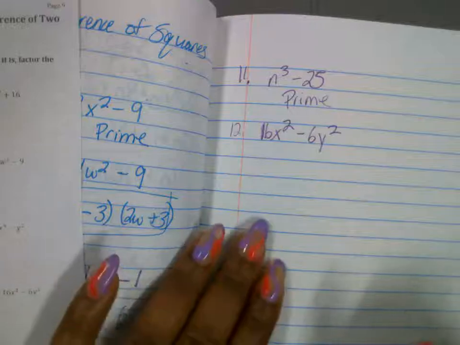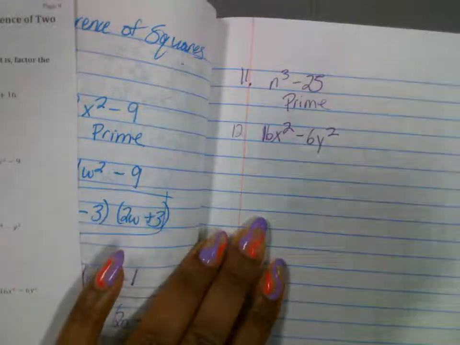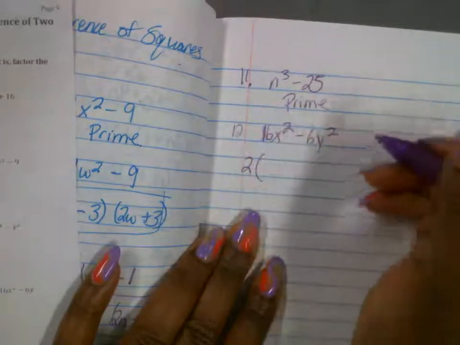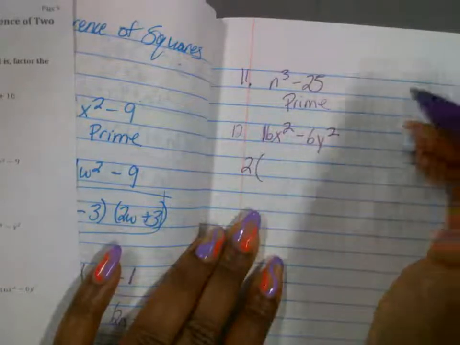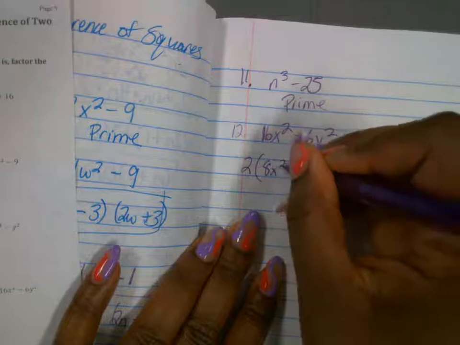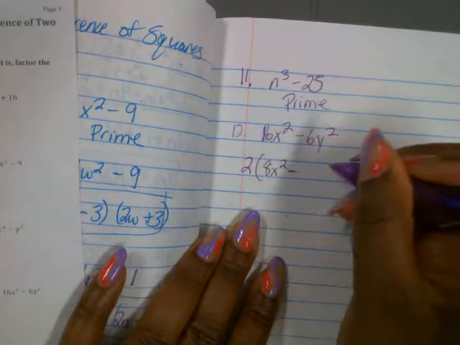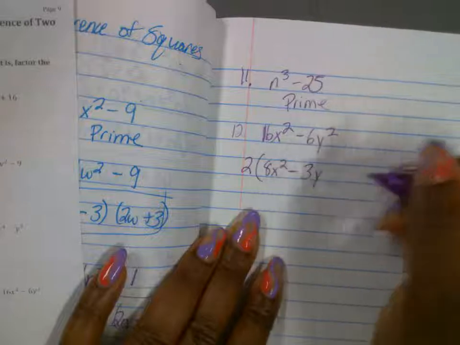What's the GCF here? 2. If we take out 2, what's left? 8x squared and negative 3y squared, and negative what? Oh, 3y.